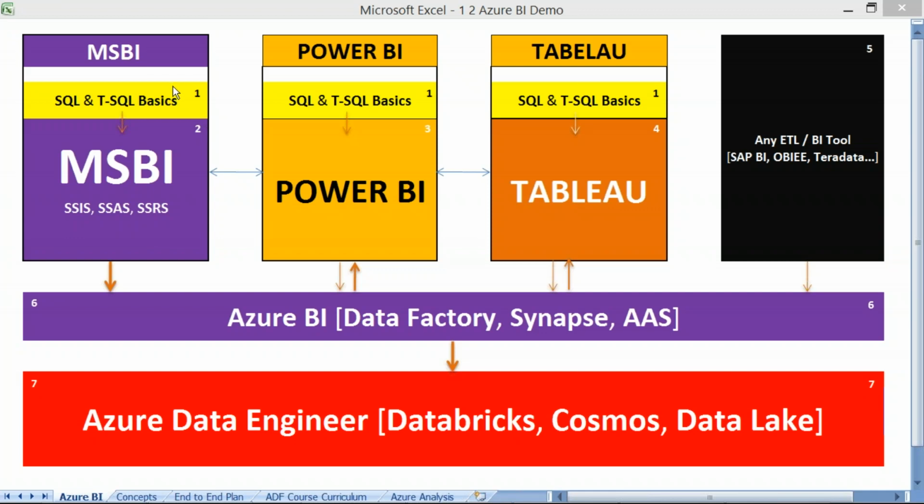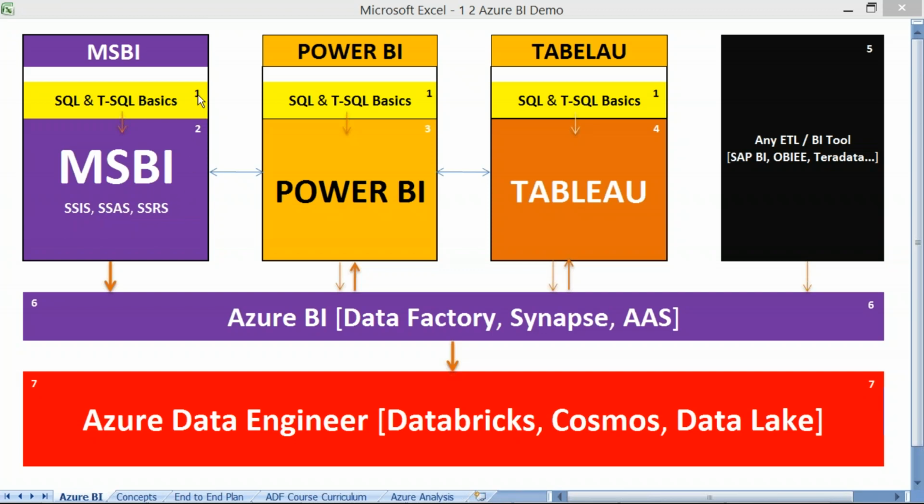and you're aware of MSBI concepts, the Microsoft Business Intelligence, integration, SSIS and SSAS more preferably as compared to SSRS.